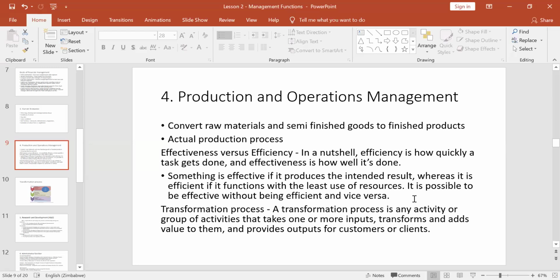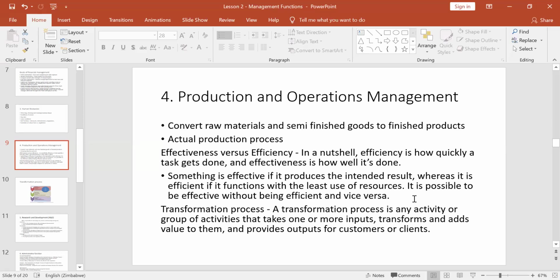So when we are talking in terms of production, we are saying a group of activities that takes one or more inputs. You take sugar, you take flour, you take electricity, all those inputs, transform and add value to them. You are now baking, you are now making bread and providing outputs for the customers.